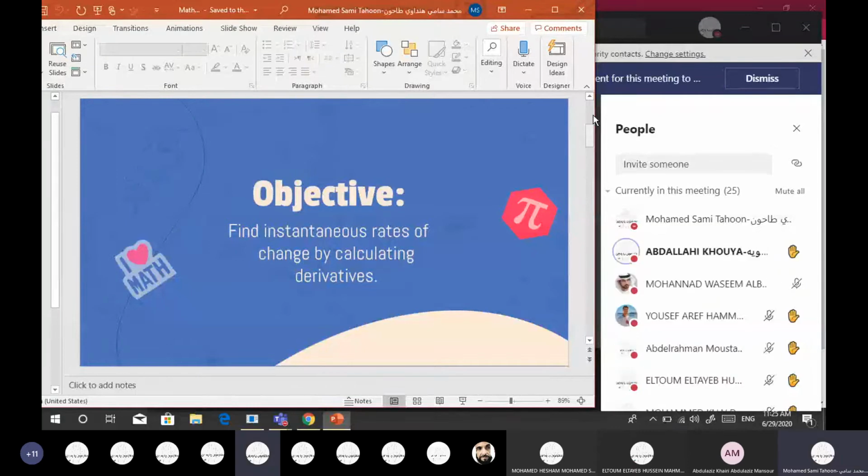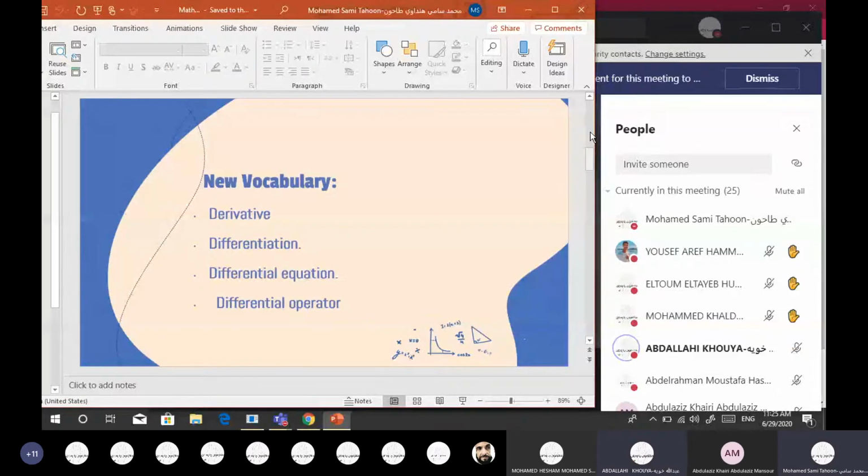Sure. The objective is find instantaneous rate of change by calculating derivatives. Okay. The new vocab: derivatives, differentiation, differential equation, differential operator. Thank you, Khoya and Asim.